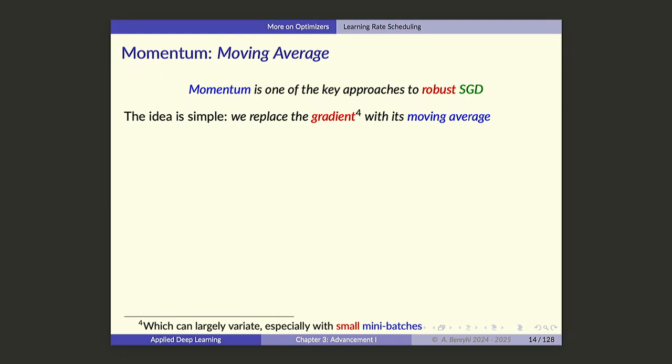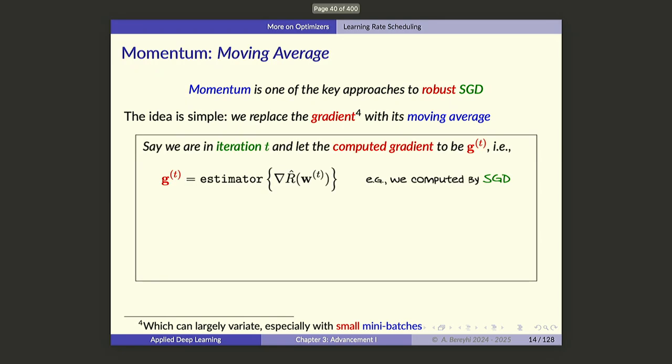Great. So the idea of momentum is basically to replace the gradient with its moving average. So in stochastic gradient descent, what we do is compute the gradient first, and then we update our weight using our gradient. And if you do scheduling, it means that you are going to schedule your learning rate as well, right?